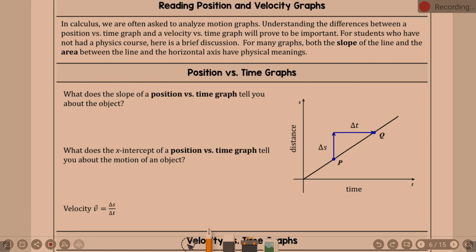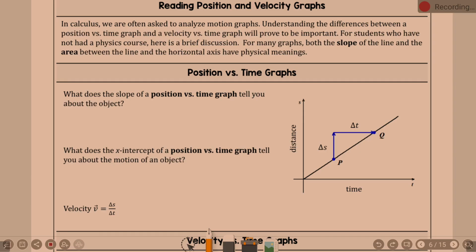As we look here, this is a position versus time graph, meaning my x-axis is time. That's my independent variable. Time's always going to be your independent variable on the x-axis.